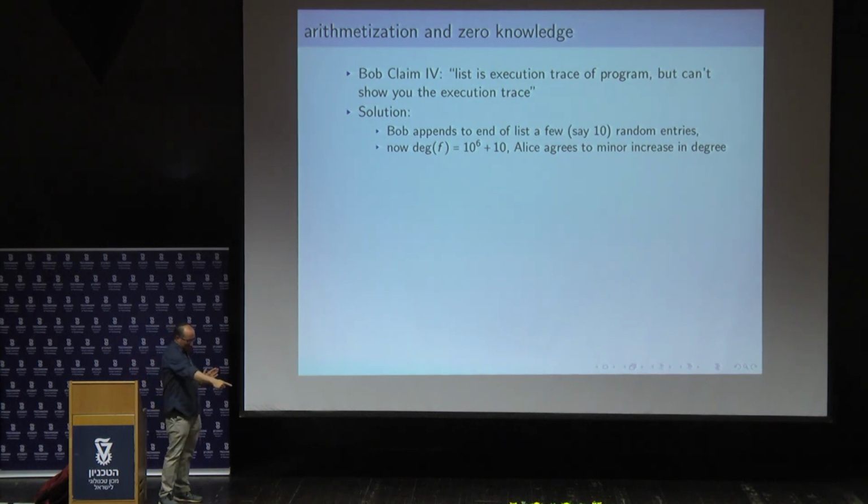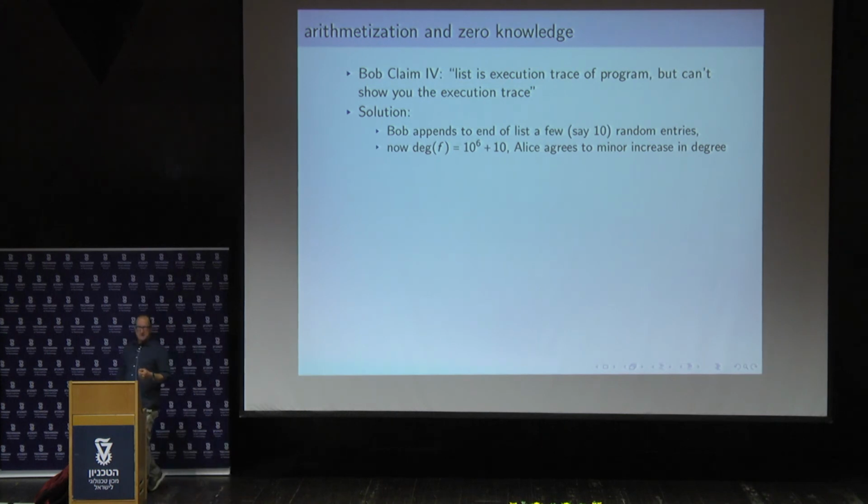Meaning, for any fixing of the first 1,000,000 entries, let's say all zeros, if Bob now picks at random 10 numbers and fills the next 10 entries, and Alice goes and views at random some other 10 entries, Alice will see uniformly random entries. So the experiment is, Bob is randomizing these 10 numbers. He's not changing the first part. And Alice goes and checks it, and she sees completely random stuff.